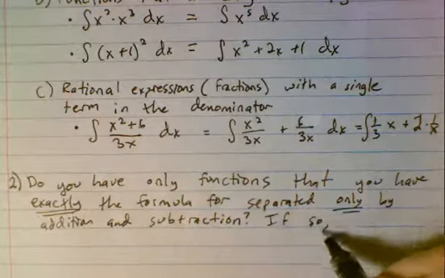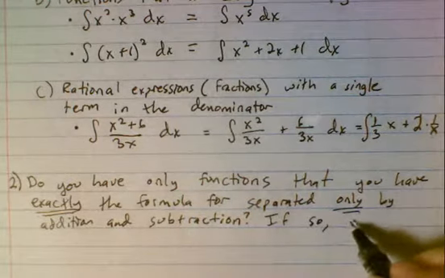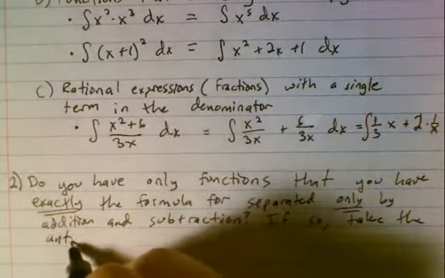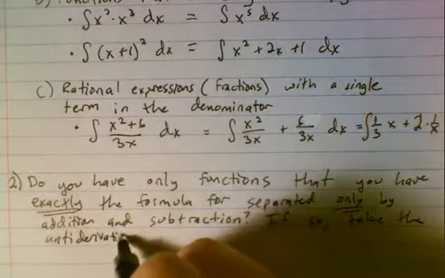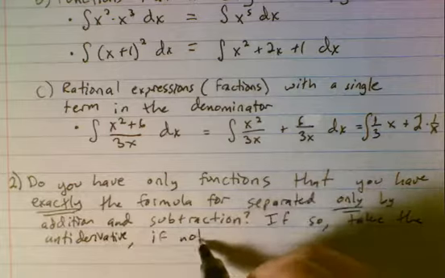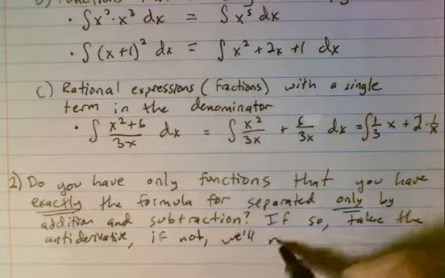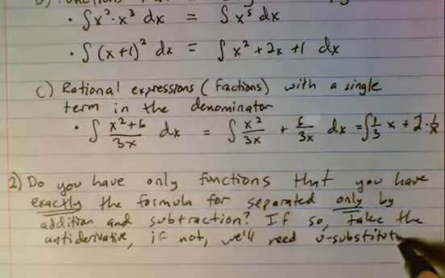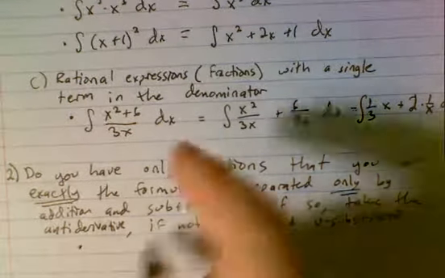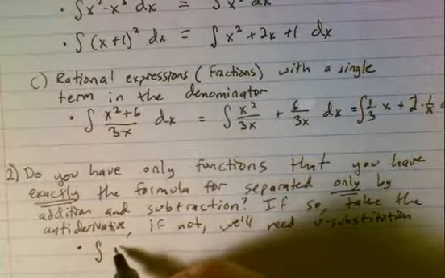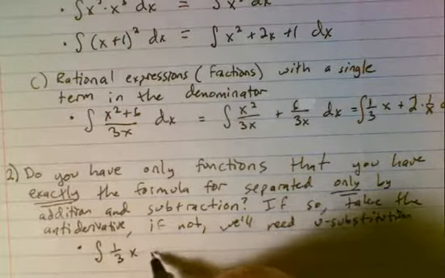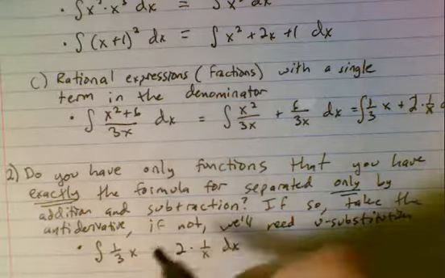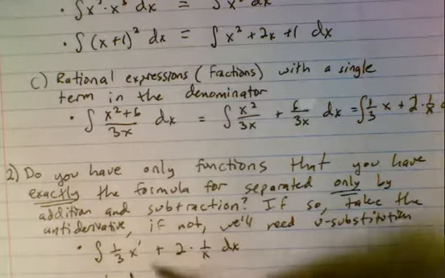If we have that, we can take the derivative, or excuse me, the antiderivative. If not, we'll need U substitution. So for example, if we had the one up here, the antiderivative of 1/3 x plus 2 times 1 over x dx, the 1/3 is along for the ride. This is x to the first.